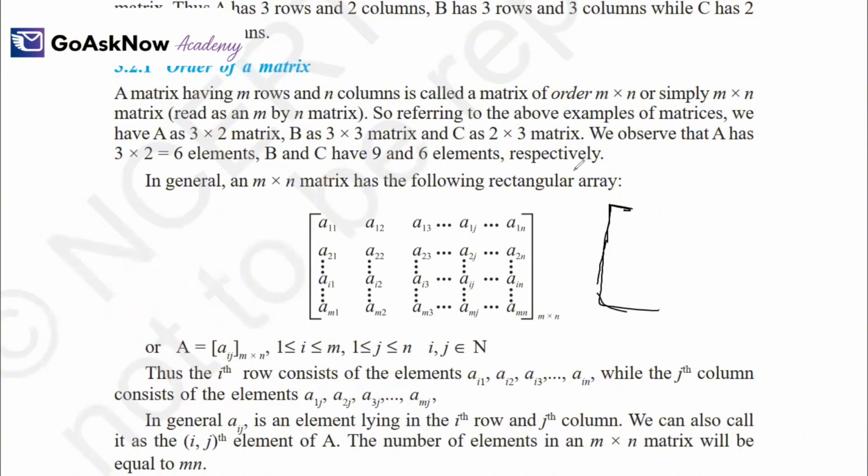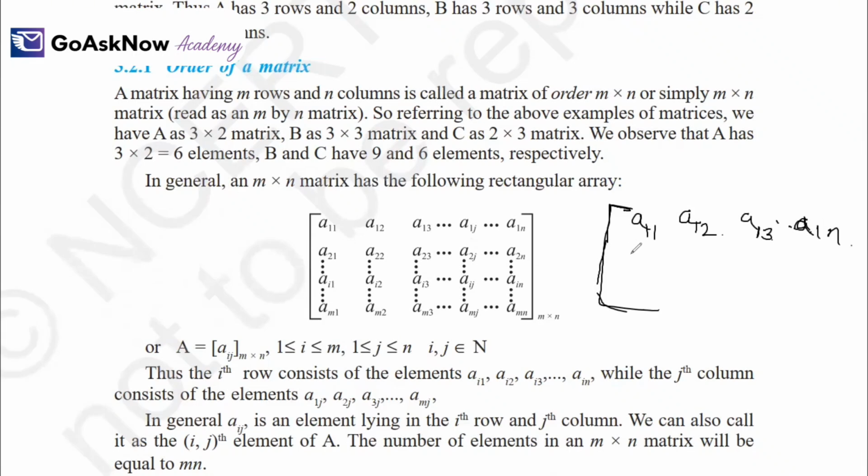Now what are the elements? This is your first row, first column, so this element is A11. This is the first row, second column, so this element is A12. For the first row and third column, it is A13. Similarly, for the first row and nth column, A1n.